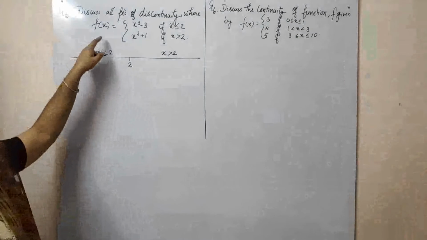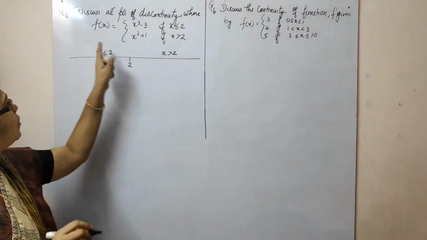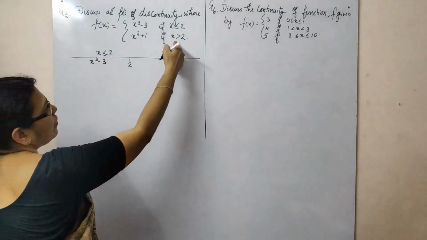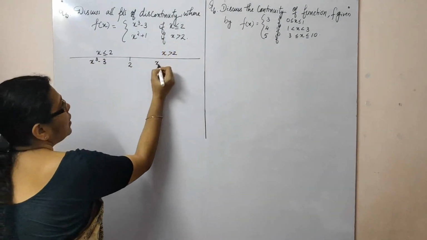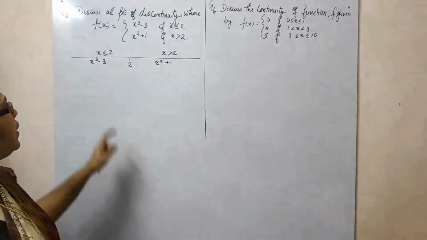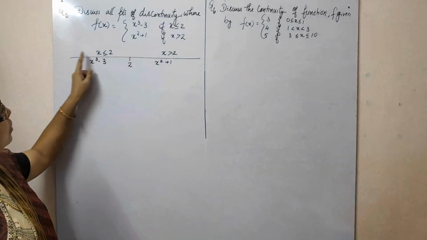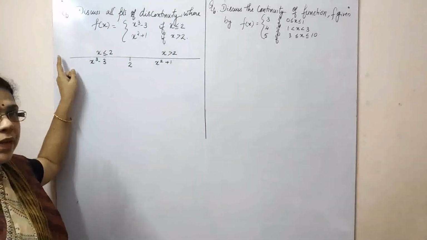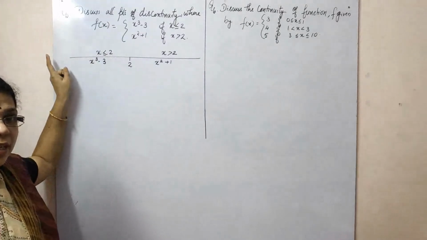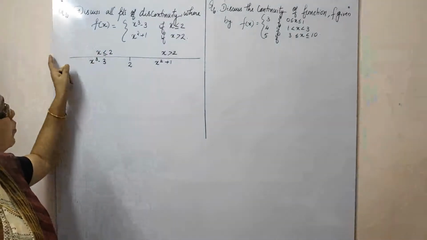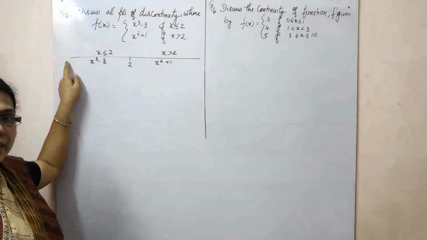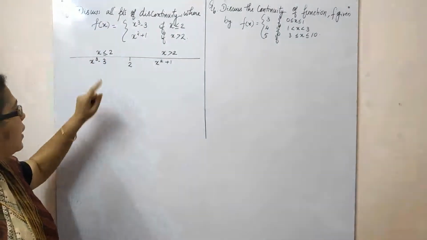What is the function's value? For x less than or equal to 2, the function value is x cube minus 3, and for all values of x greater than 2, the function value is x square plus 1. Now, for all values of x less than 2, how did we check for continuity? How did we prove continuity for all values belonging to this interval?